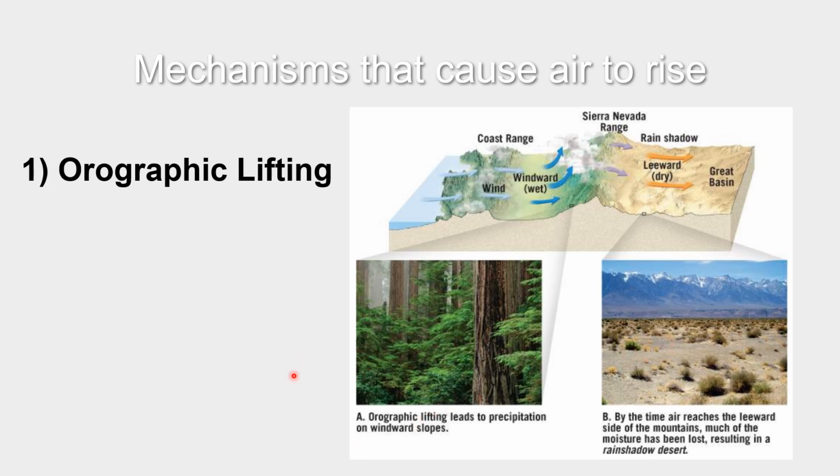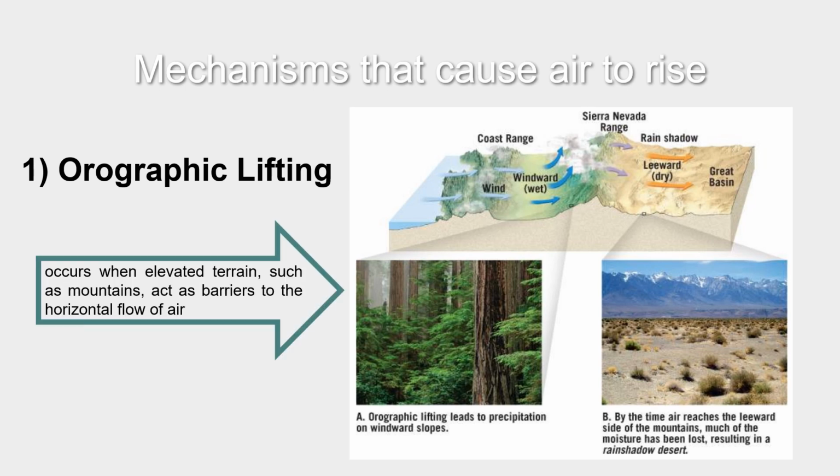Actually, orographic lifting occurs when elevated terrain or mountains act as barriers to the horizontal flow of the air. As the air ascends this slope, adiabatic cooling often generates clouds and precipitation. This picture is showing orographic lifting and precipitation.